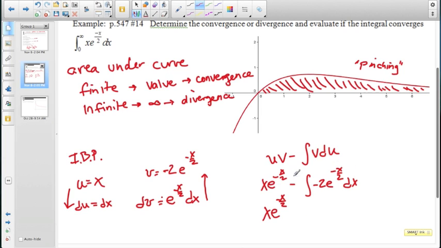we're going to go ahead and integrate that. And as we integrate that, we already have integrated e to the minus x over 2. It's right here. And so I'm going to pull out the minus 2, so minus 2 with another negative is a positive 2, and then integrating e to the minus x over 2 is right here, so we have another minus 2e to the minus x over 2.